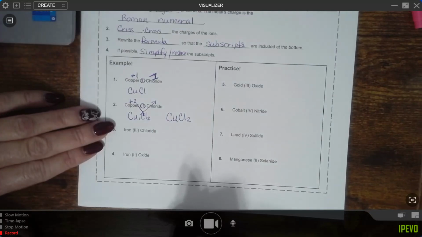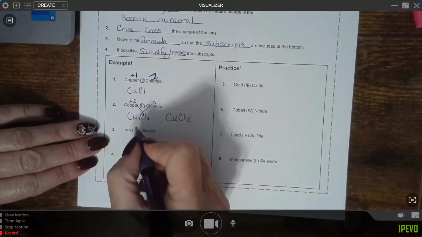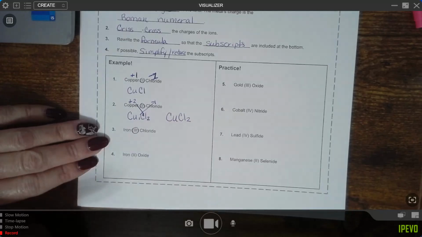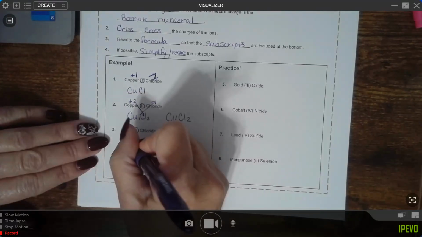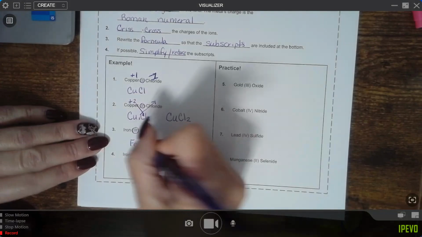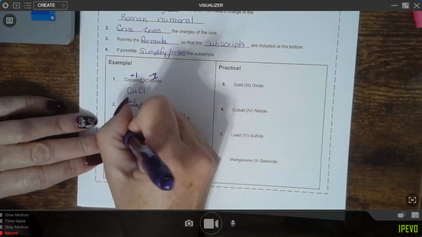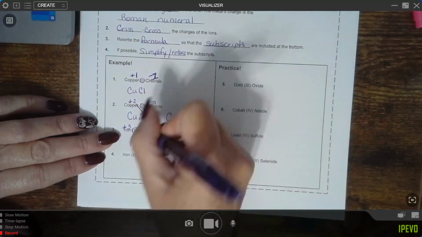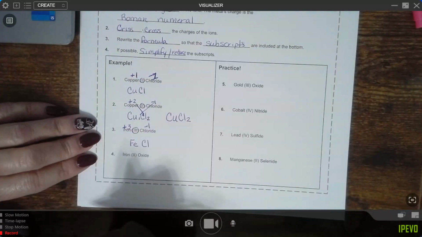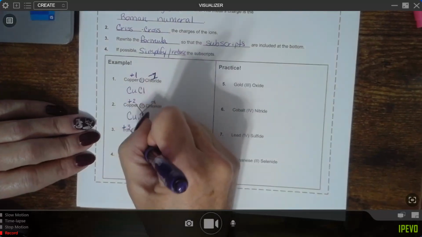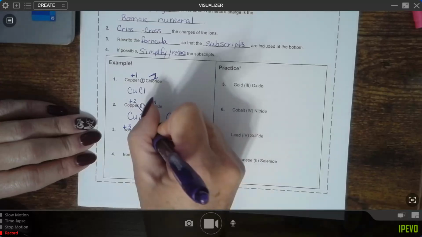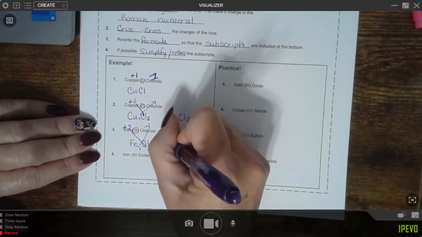Let's look at number 3. Iron(III) chloride. We have iron and chloride. In this case, the charge on the iron is 3. The chlorine is -1. So the 3 comes down behind the chlorine, the 1 down behind the iron.